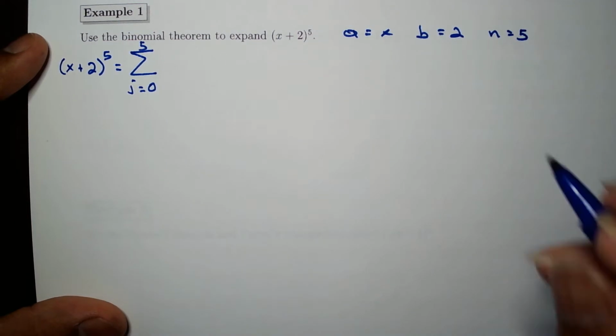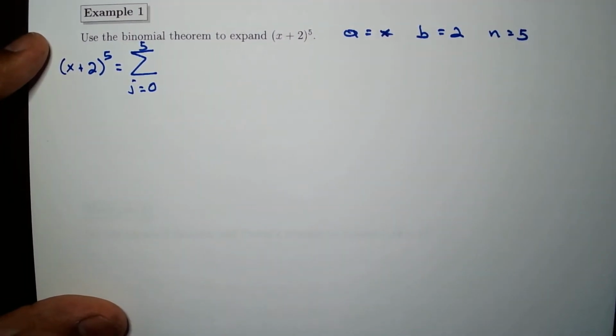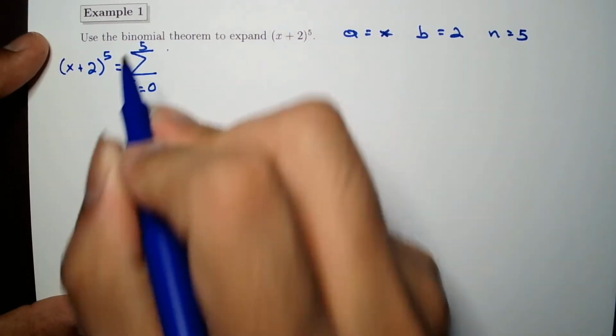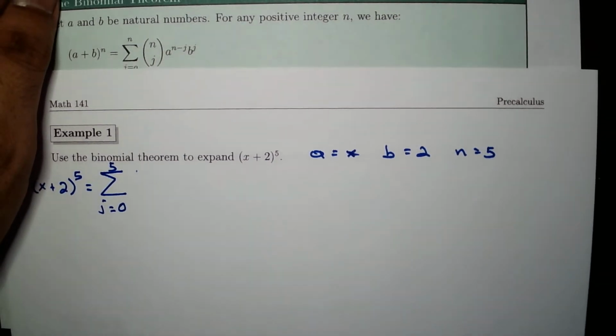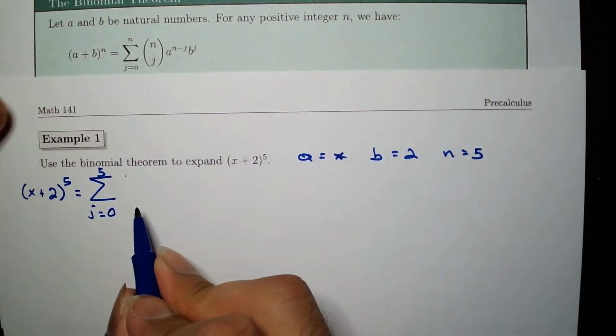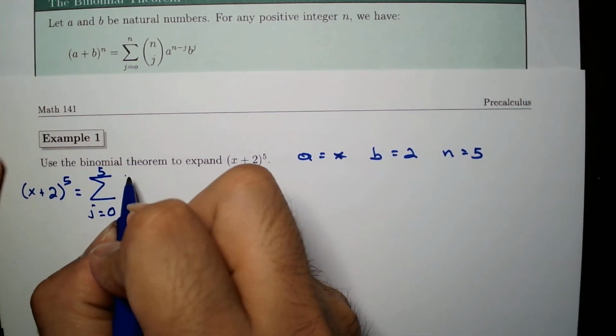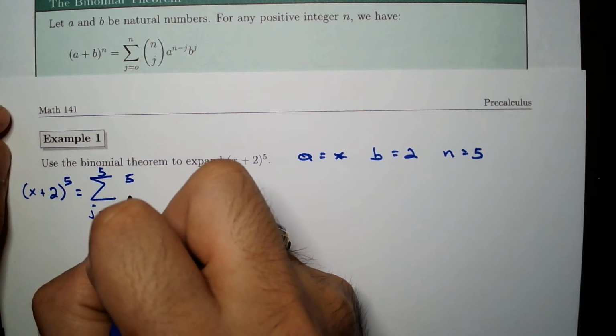Alright, so we need to identify our terms here. In this case, this is going to be n and j according to the formula. Let me put it up here. N, which is 5, and then we're going to go just j.